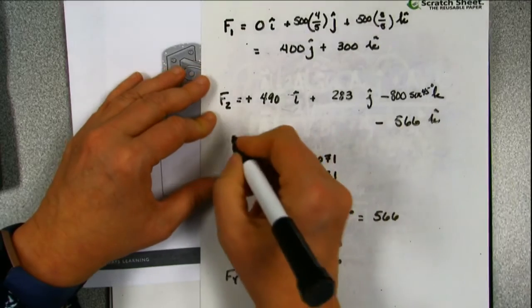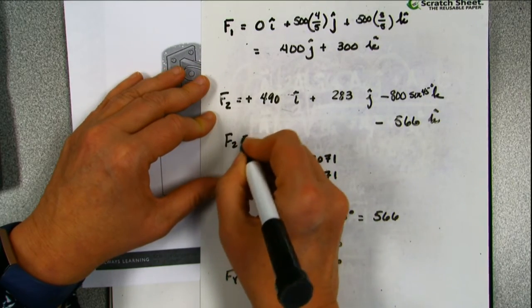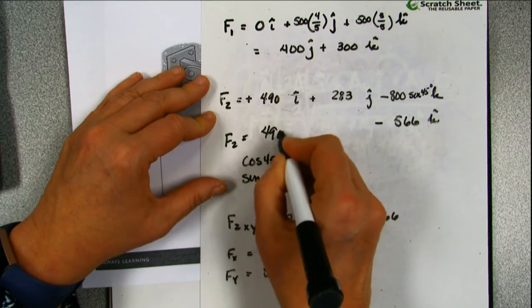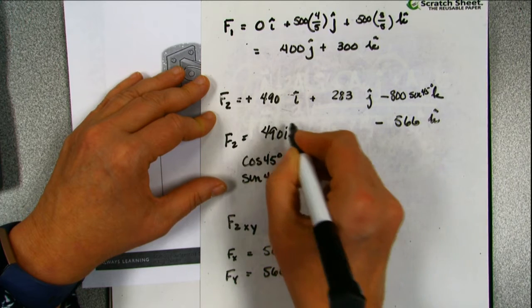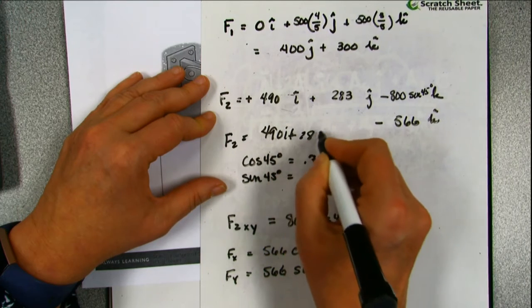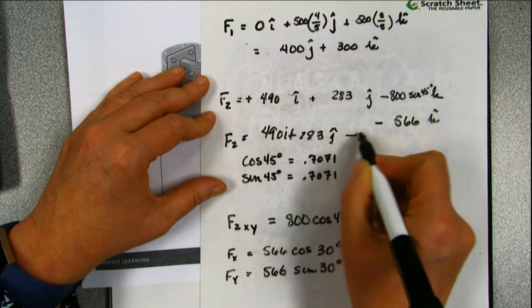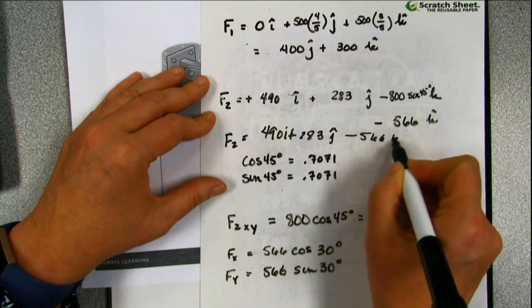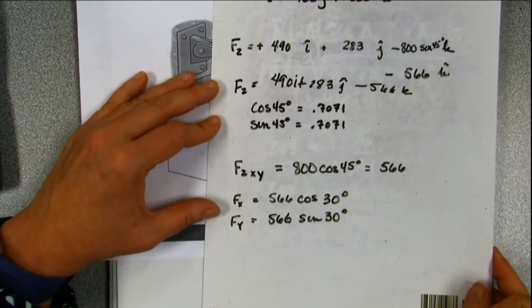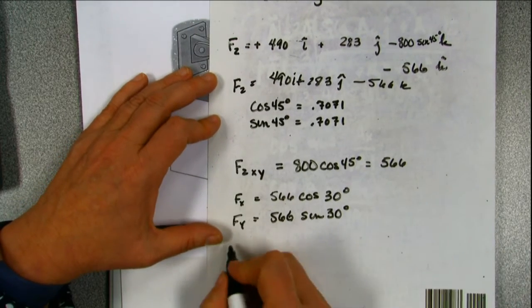So F2 in this case is going to be 490I plus 283J minus 566K.